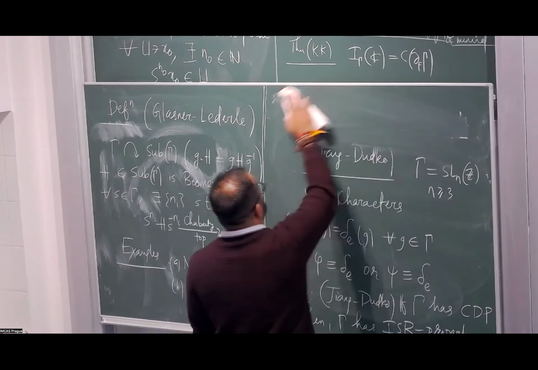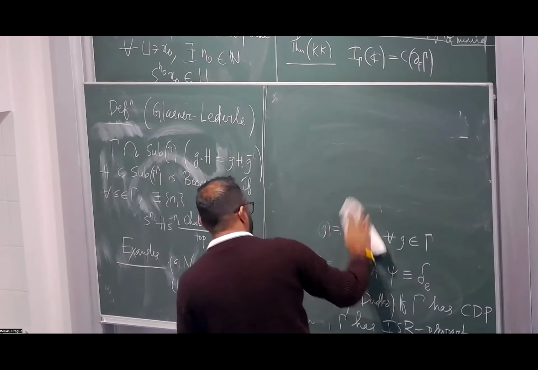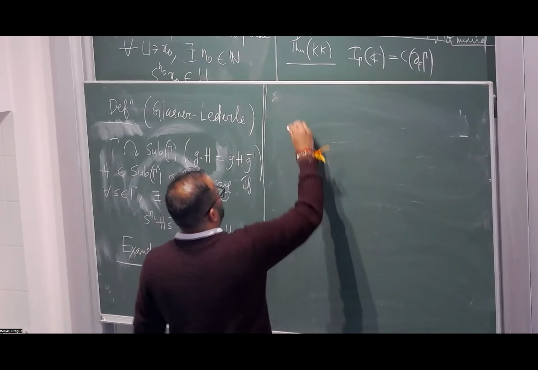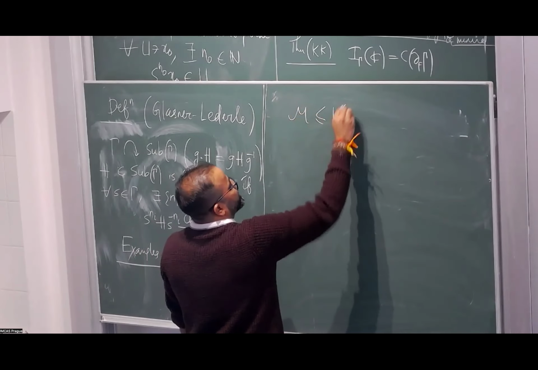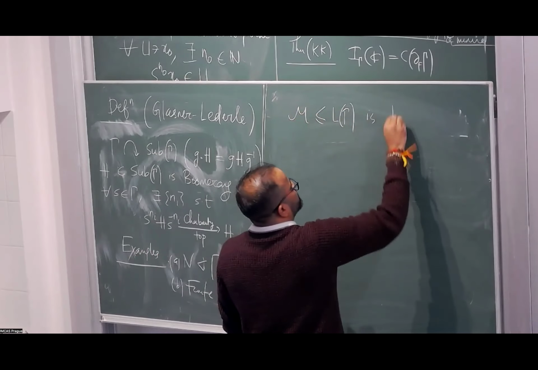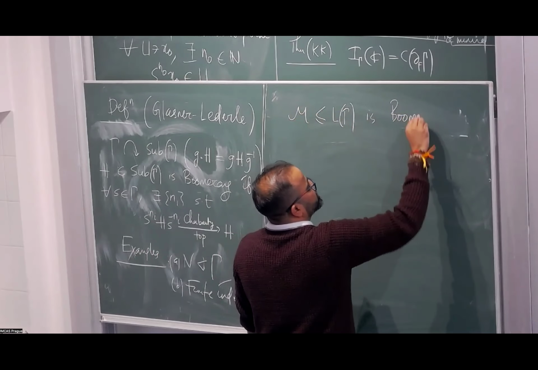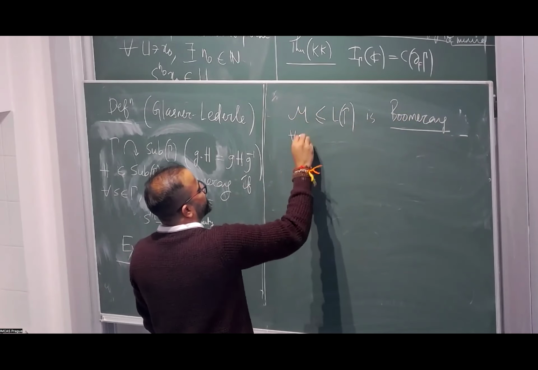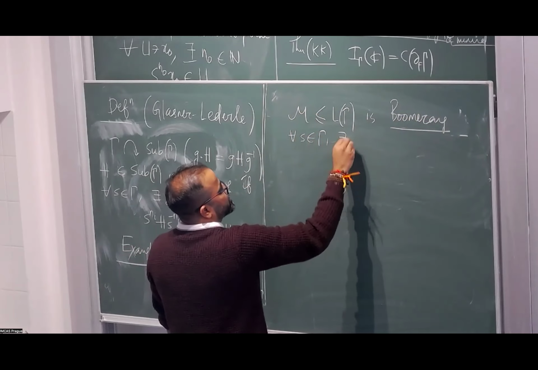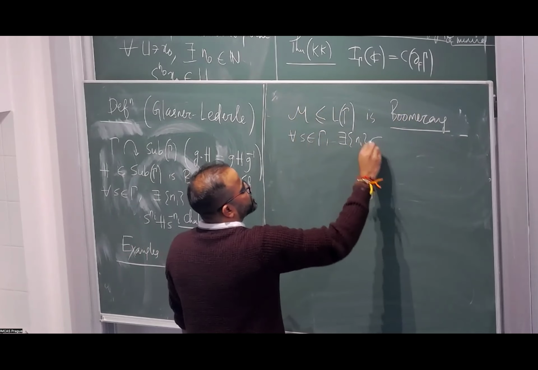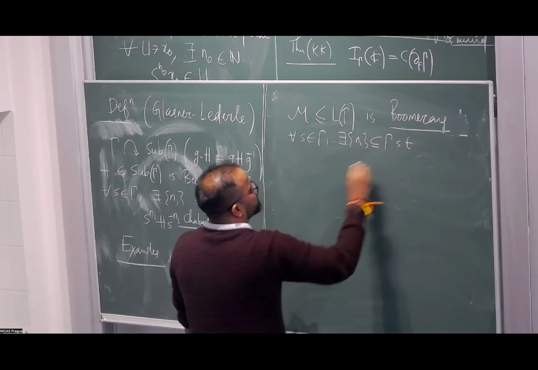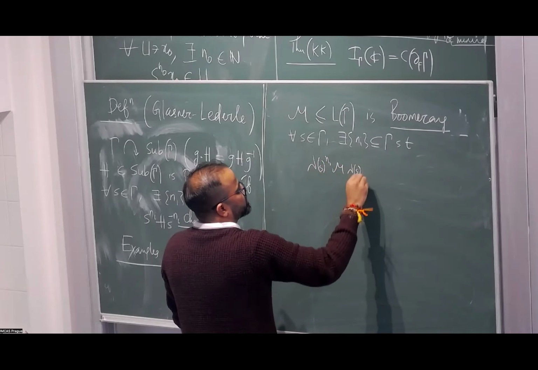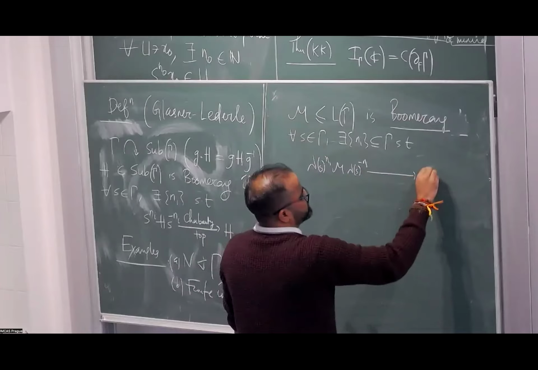So now you can define a similar version here as well in the group von Neumann algebra case. So M in L gamma is boomerang if the same thing happens. So if for every S you have a sequence such that you keep on conjugating them and it converges.